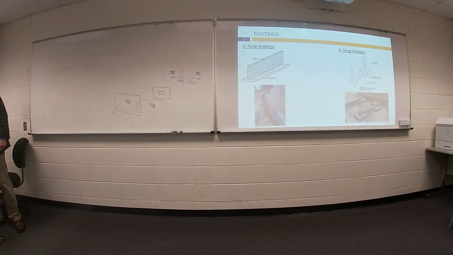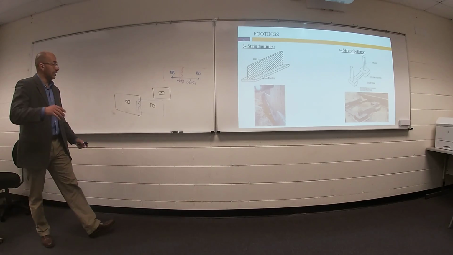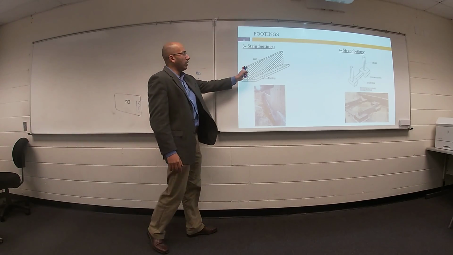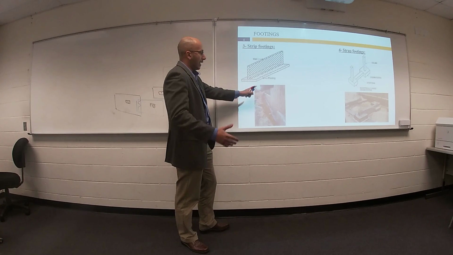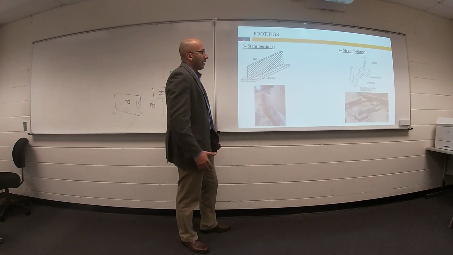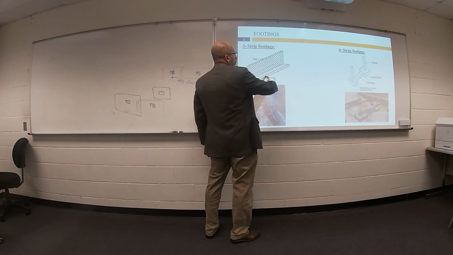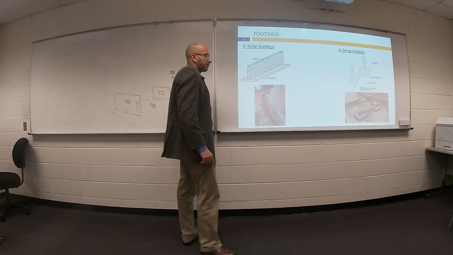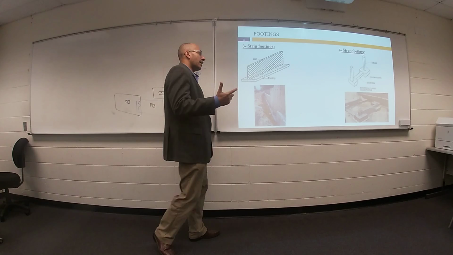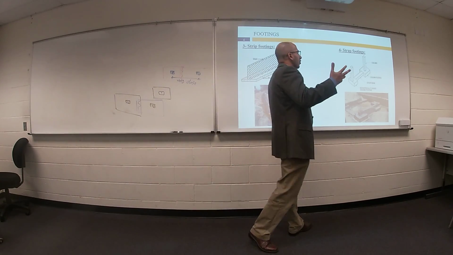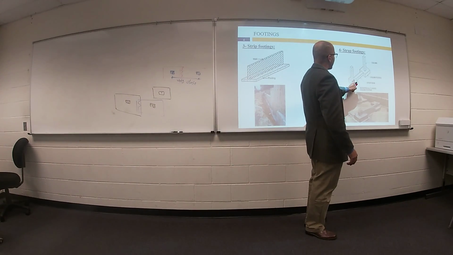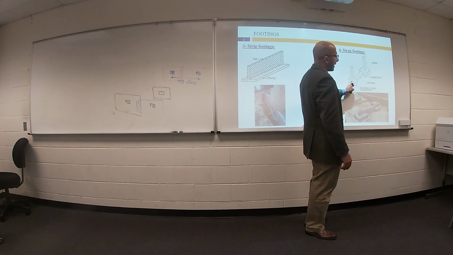If your structure system is not a column but a wall, brick wall or concrete wall, like this fence, we have a different type of footing called strip footing. Sometimes, for some reason, I cannot put my column at the center line of the footing, so I will put the column at the edge.